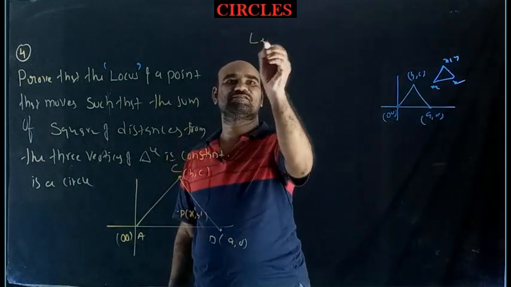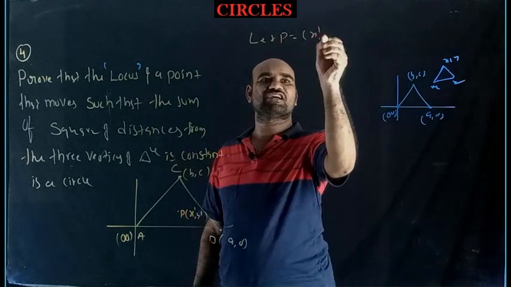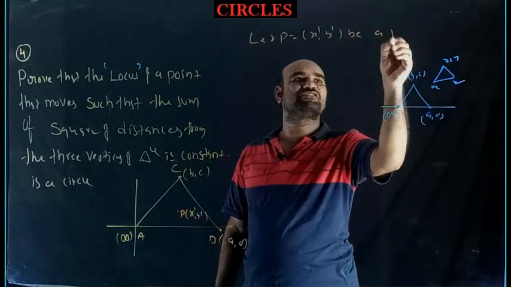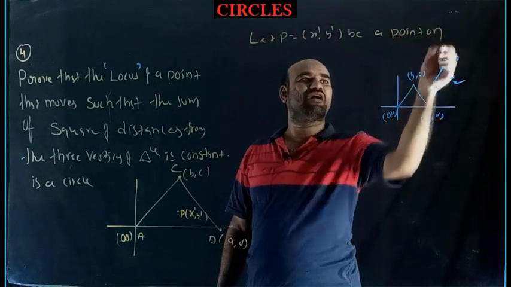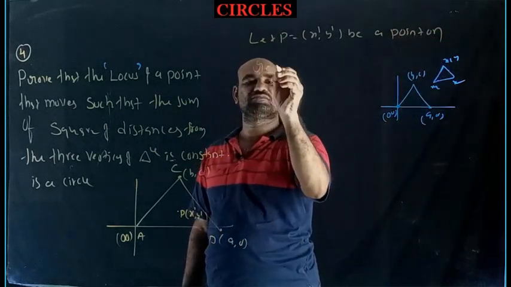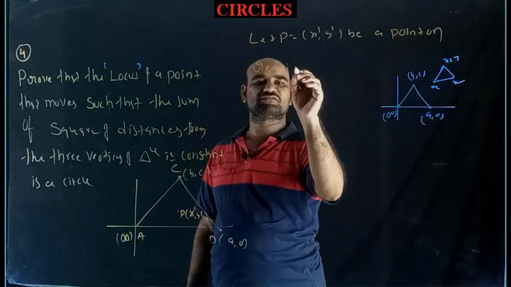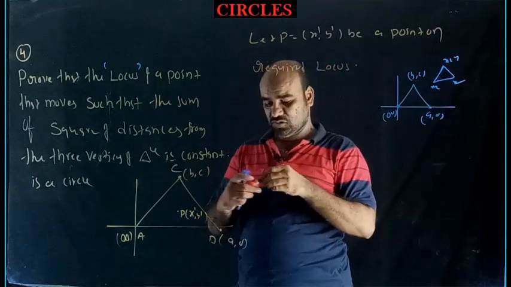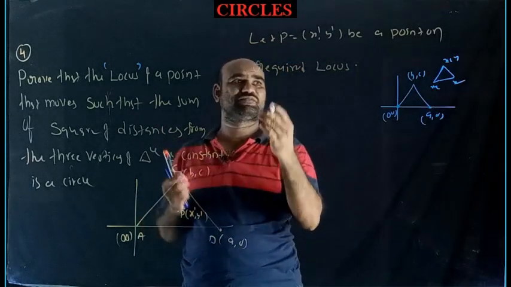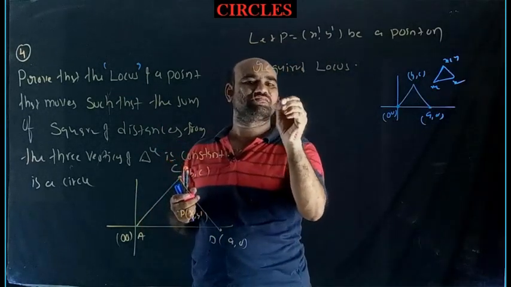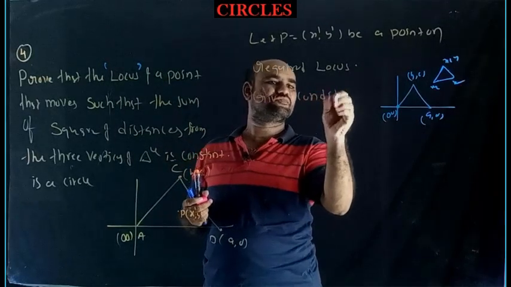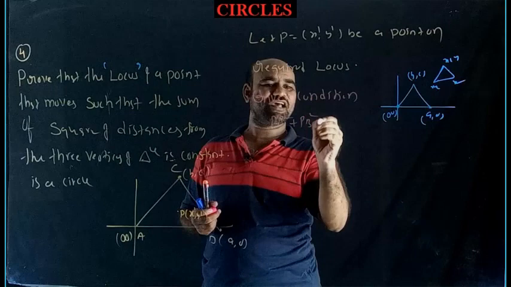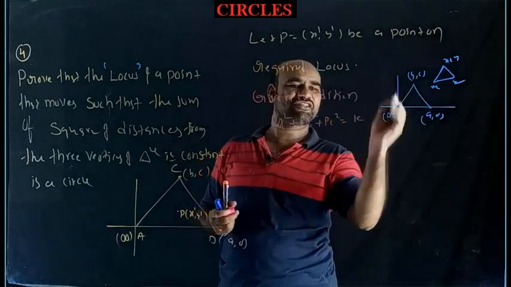Let P equal to x dash comma y dash be a point on the required circle, the required locus. Given condition: PA square plus PB square plus PC square equals some constant k.